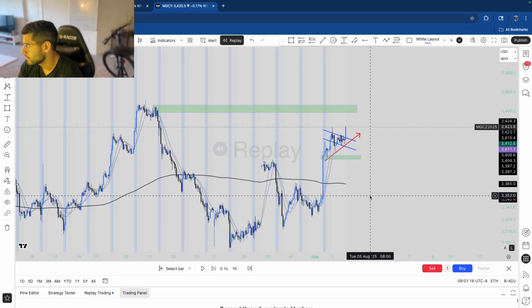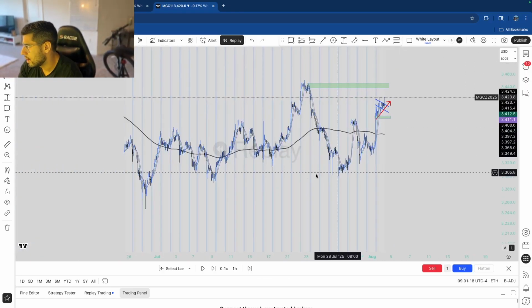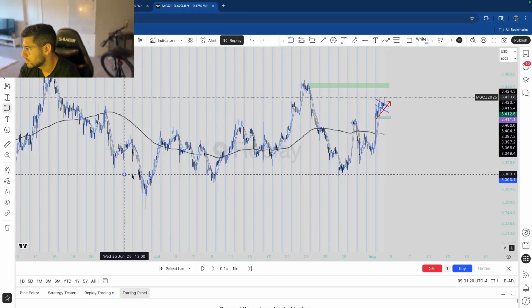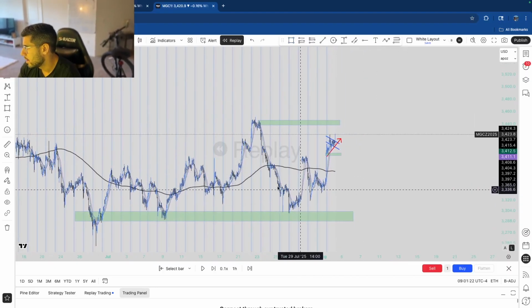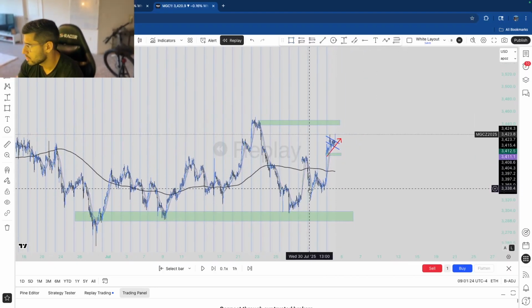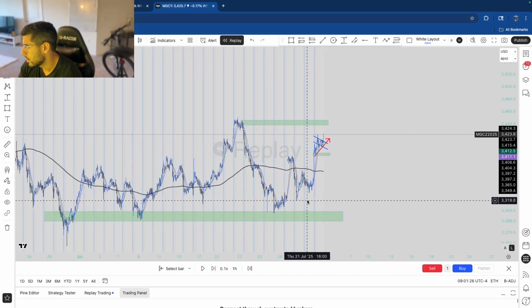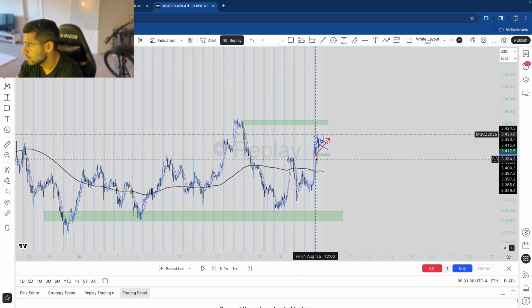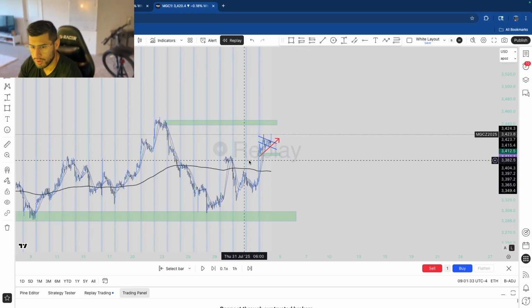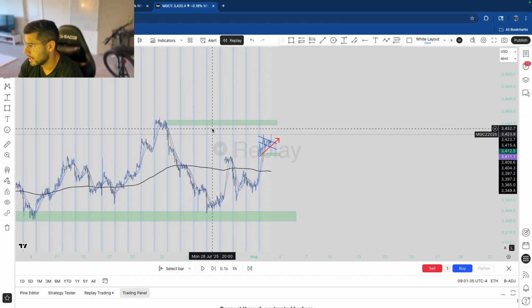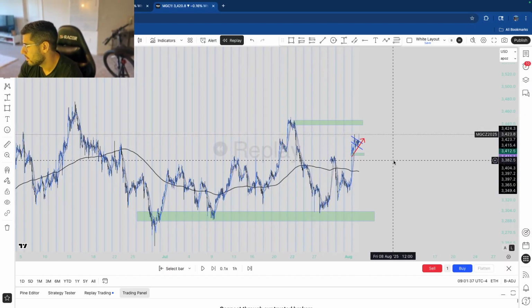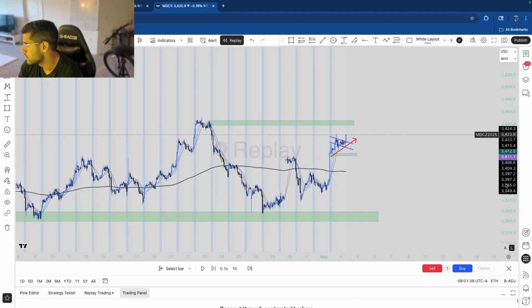Overall, when you zoom out, we had solid support at these levels, price had been breaking structure and holding these levels, making higher lows, and then eventually breaking the structure right here to the upside.